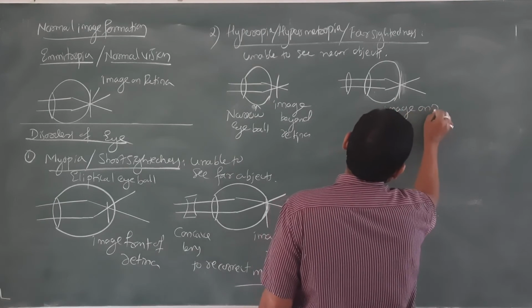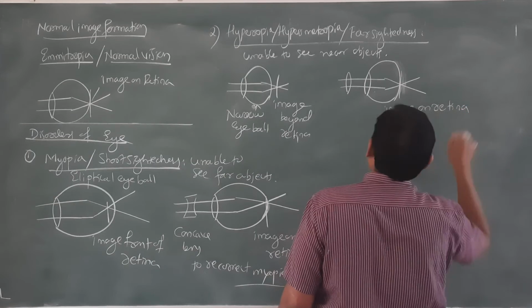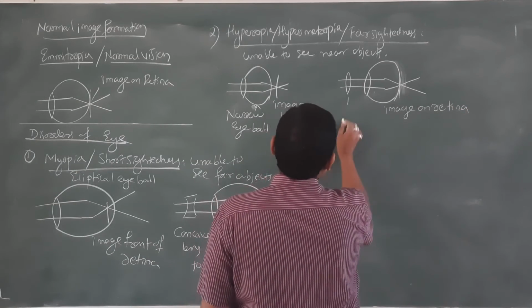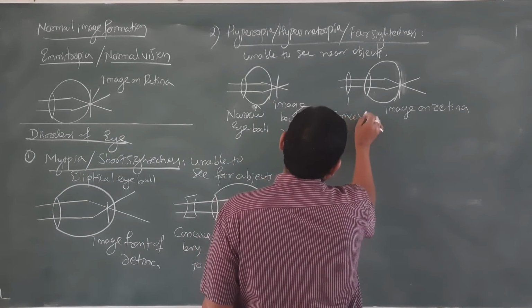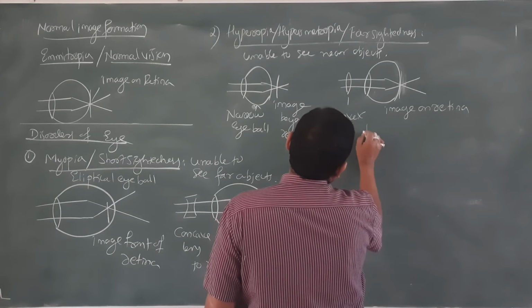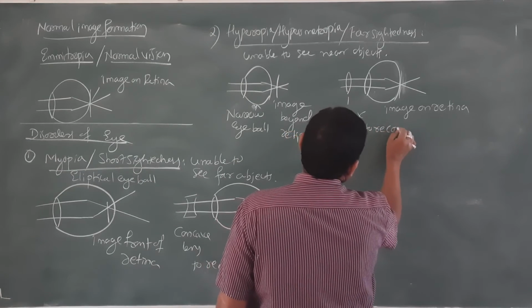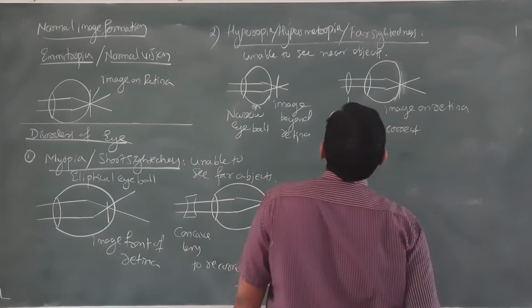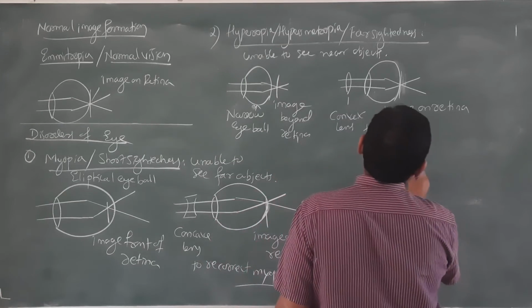The image on the retina is formed by using the convex lens to recorrect what we call hyperopia.